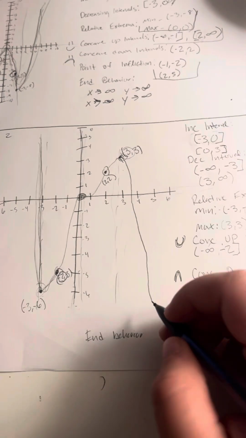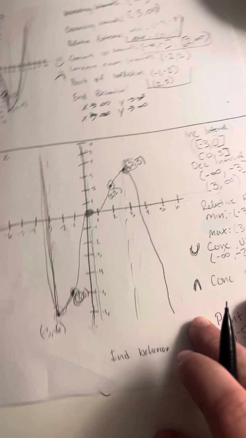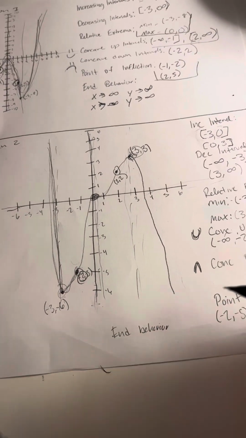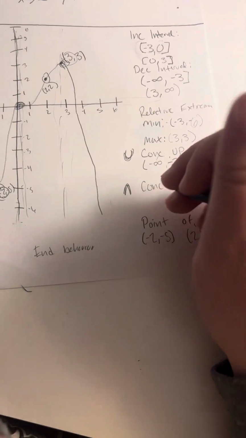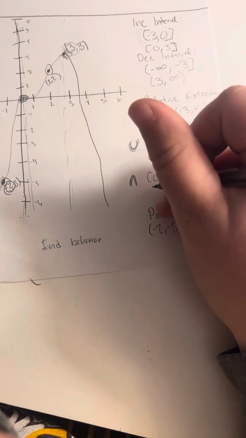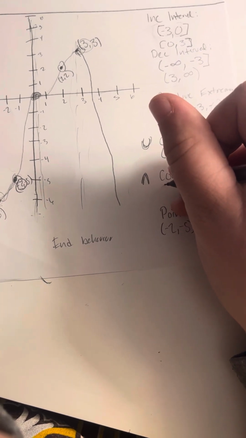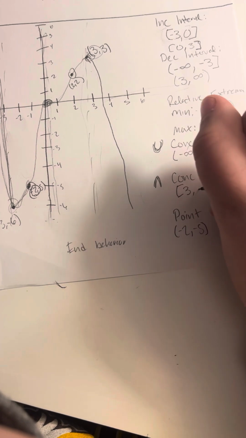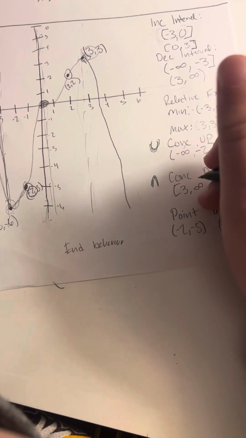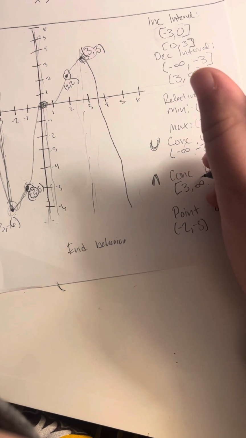And then we're going to do a concave down interval, and the easy one is going to be from our x value, which is 3, all the way down to negative infinity, and we're not including that.